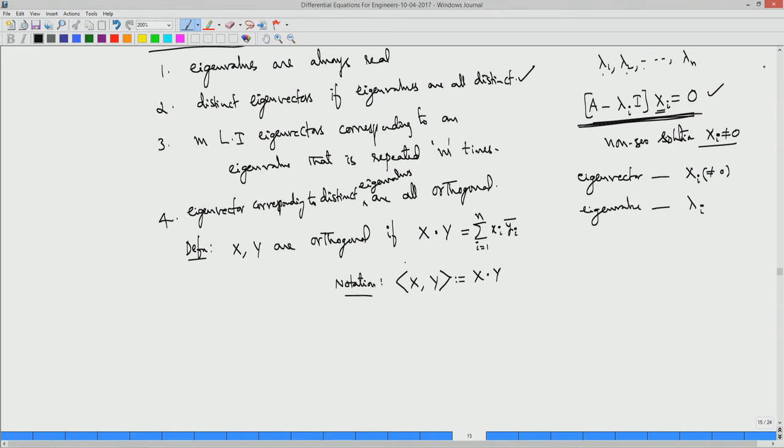That means, suppose lambda 1, lambda 2, up to lambda n are all distinct eigenvalues.